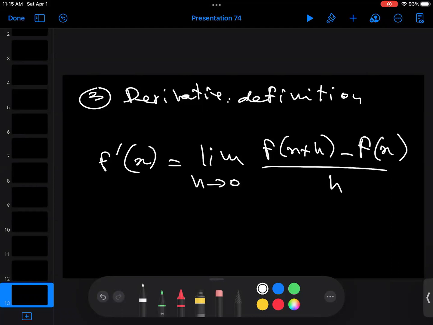So I gave you 3 examples to think about it: tangents, speed, and growth rate. But the mathematical definition is this one.